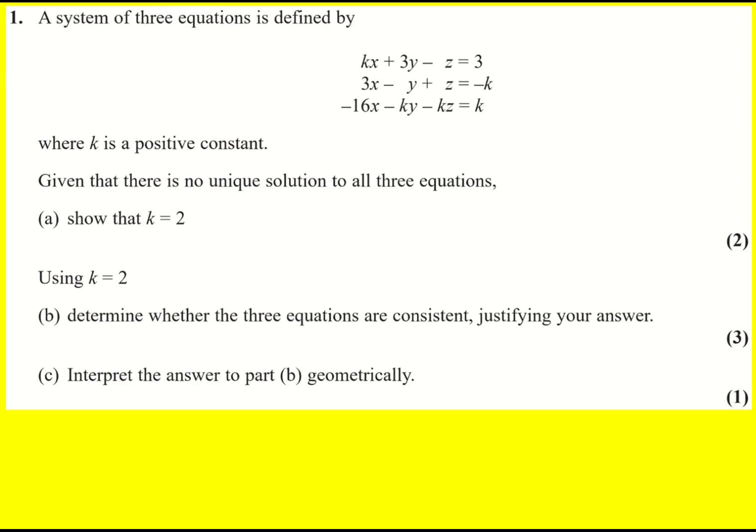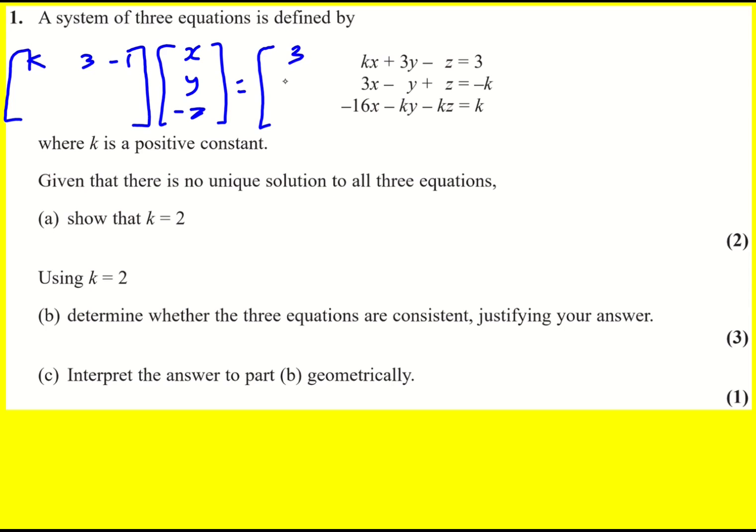We're given a system of three equations involving x, y, z, and a parameter k. k is a positive constant. So we can write this as a matrix equation. It's just going to be our coefficients. We've got k, 3, minus 1, because when we multiply this matrix, it would be kx plus 3y minus z.